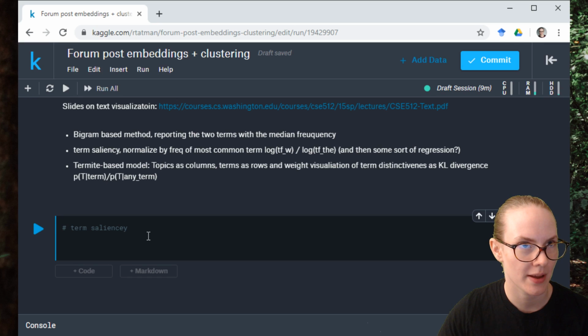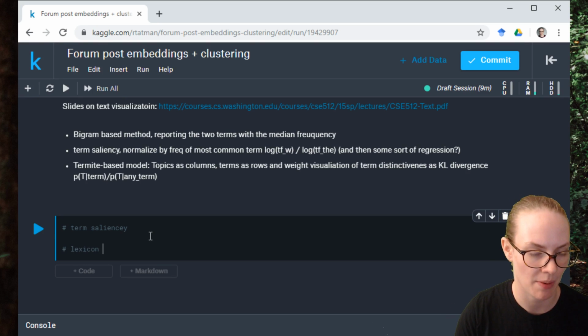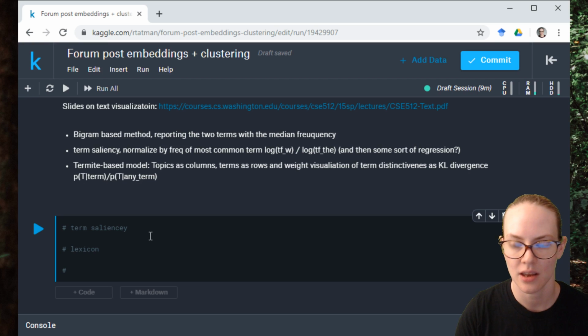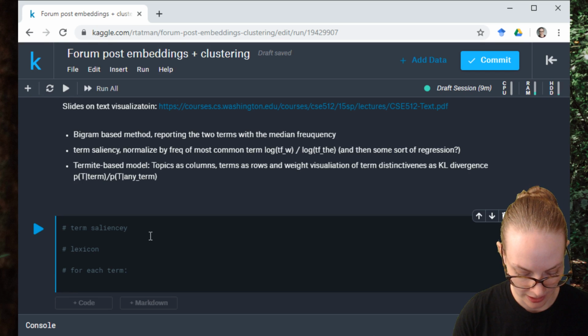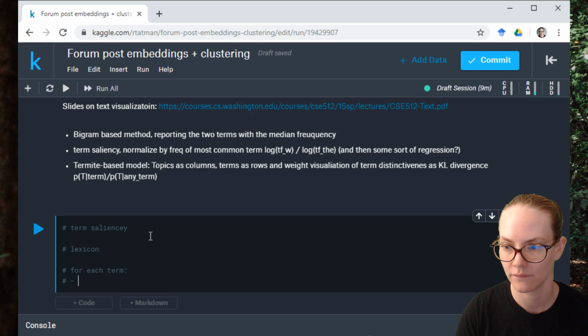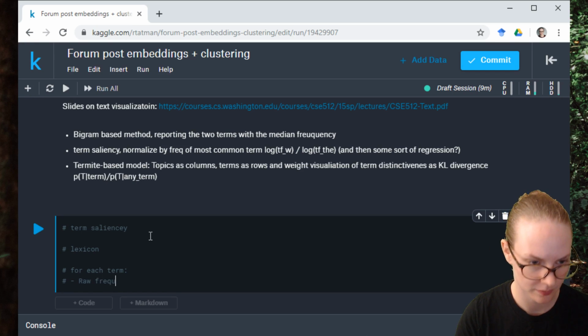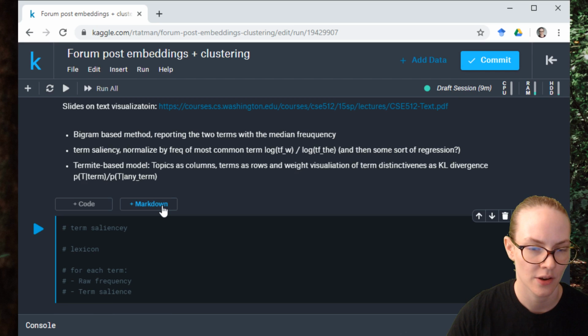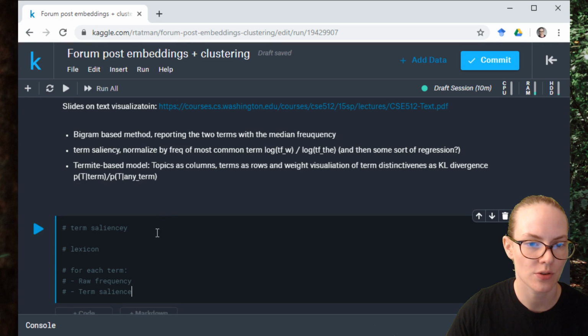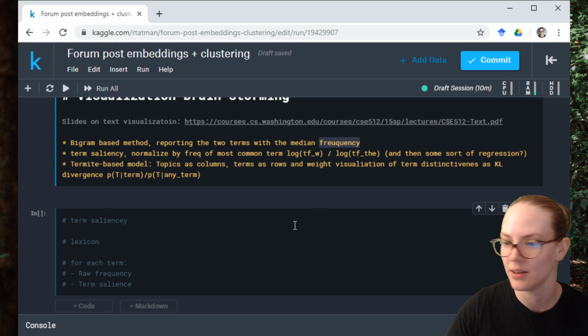I'm going to need a lexicon, which I probably want to do as a dictionary, and then in the dictionary, for each term, I'm going to want probably the raw frequency, and then probably the term saliency. So if I do the raw frequency first, and then I just find the one for the, then it should be pretty easy to apply down.